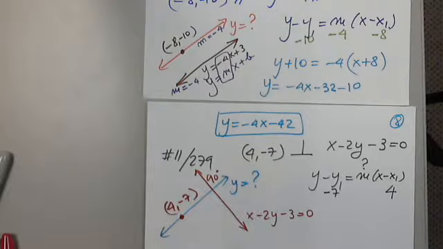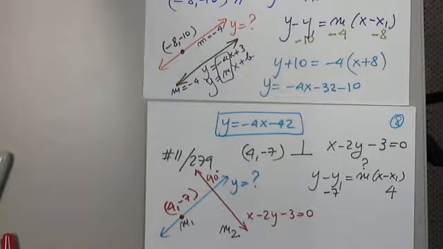Well, I do know that these two lines are perpendicular. If I manage to determine the slope of the second line, maybe I will be able to determine the slope of the first line. But what should I do to the given equation, x minus 2y minus 3 equals 0, in order to determine the slope?